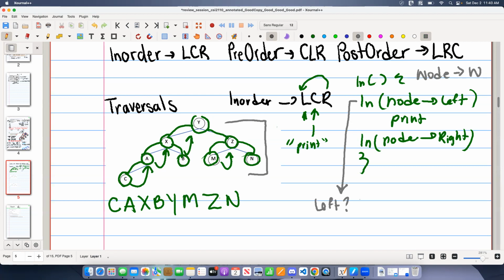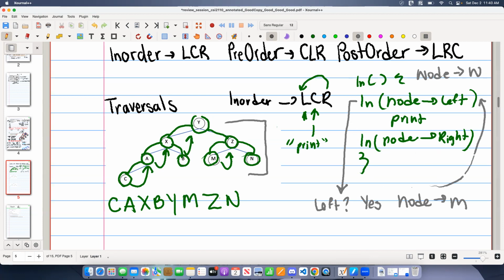Is there a left? Yes. If there's no left, then it just exits. Since there's a left, we travel left. So now the new node is towards M. Okay, we're doing a recursive call. So we're now back at the start of the program.